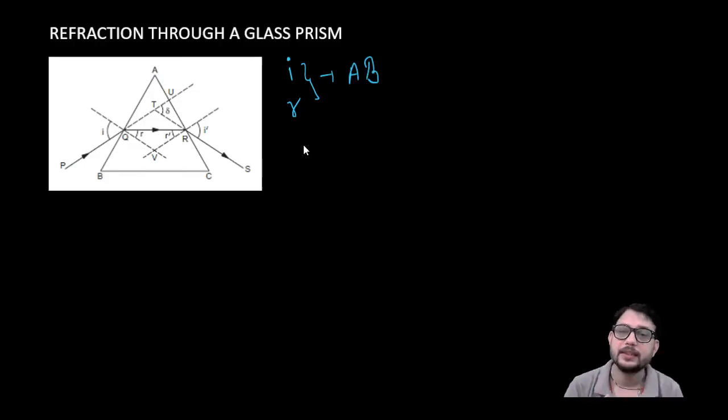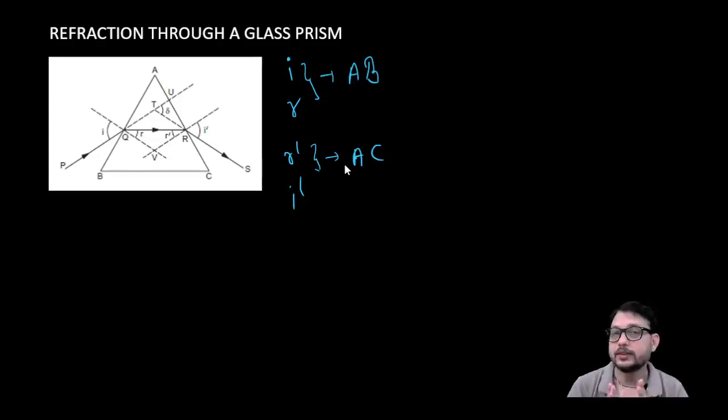Similarly, R dash and I dash, the angle of emergence, are for the interface AC.